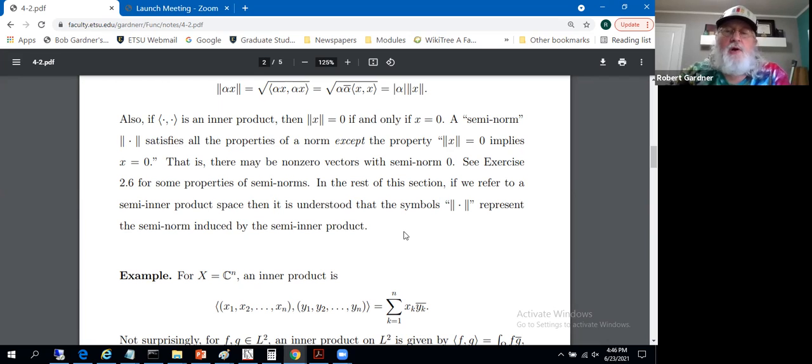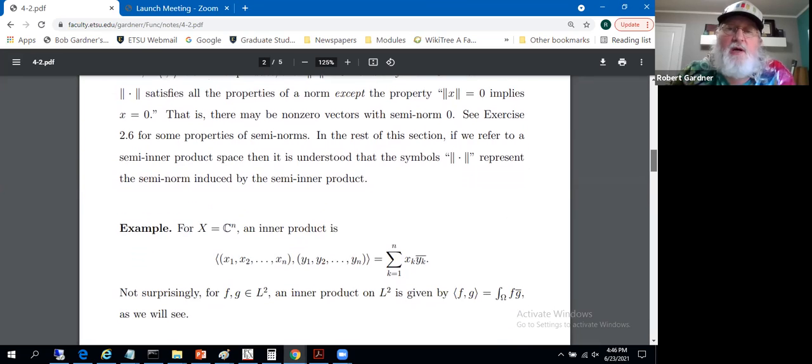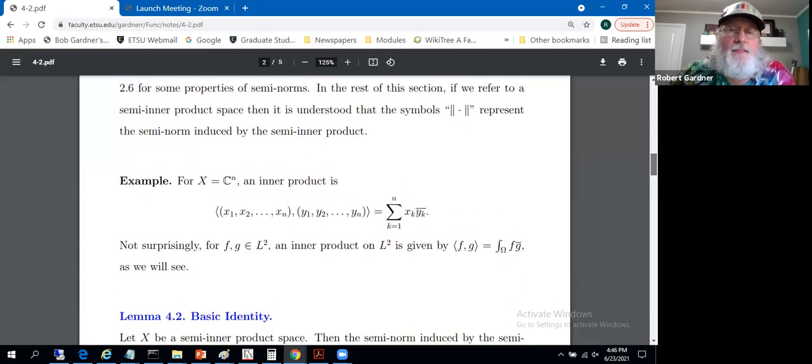So the statements are a bit more general than we actually need for our purposes. Our purposes are Hilbert spaces, which are complete inner product spaces, not semi-inner product spaces. Of course, every inner product space is a semi-inner product space. So things we say about semi-inner products also hold, and maybe more, for inner products.